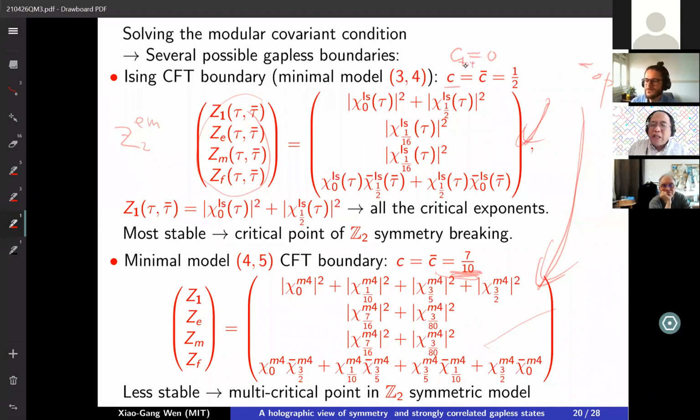Here I have a C and a C bar: the right mover and left mover, the holomorphic and anti-holomorphic parts, are the same, so they cancel and the total is 0. But there are topological orders with a central charge not equal to 0, and their boundary C and C bar will be different. That's a chiral boundary.